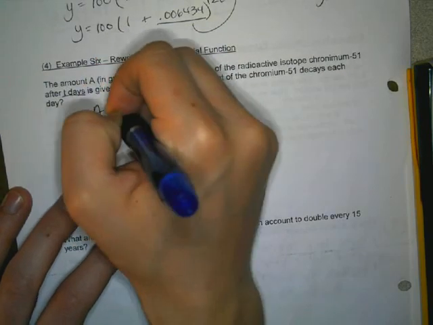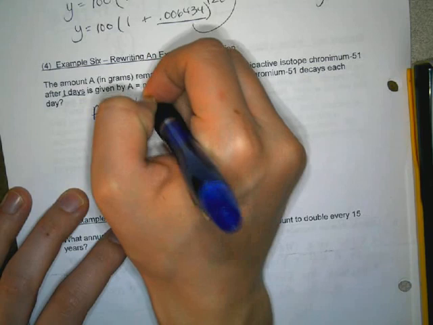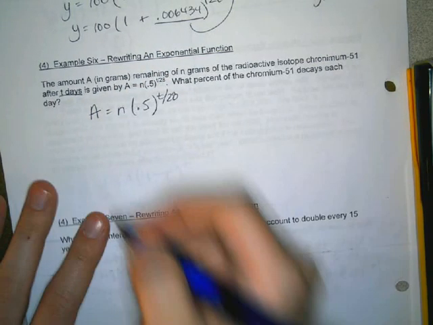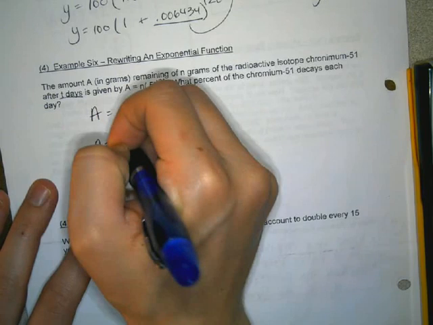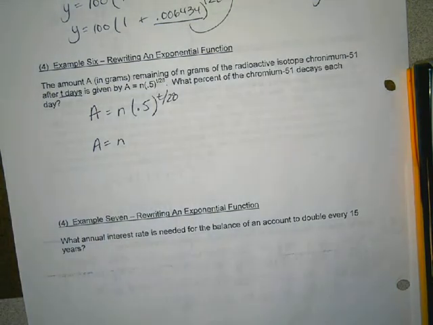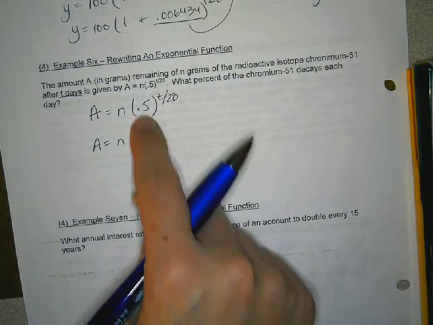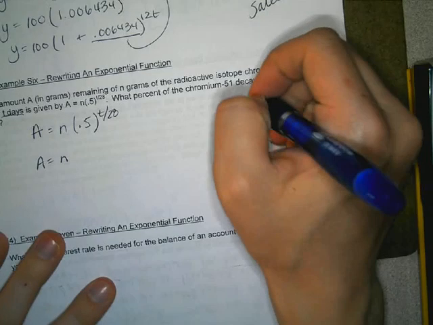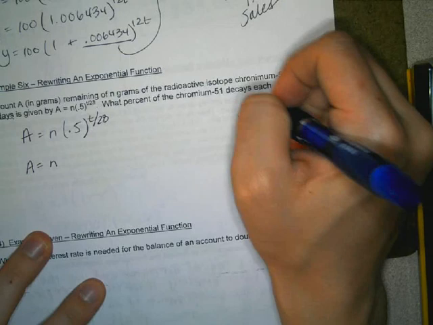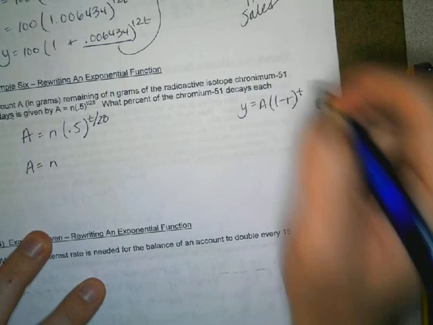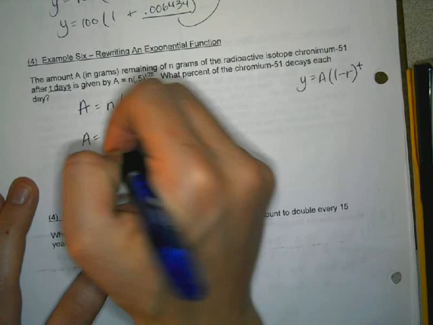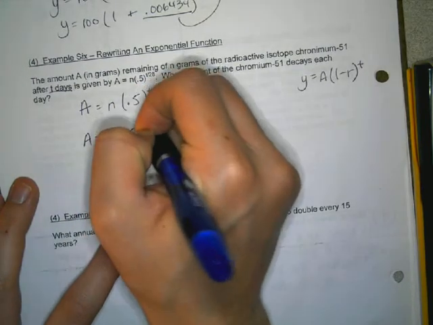Alright, so I'm going to rewrite the function. To find the percent that decays each day, I'm going to separate, so I just have the T, because remember we're trying to get to this expression here, and the exponent in that expression is always just T, so I'm going to separate out the number and make it 1 over 28.